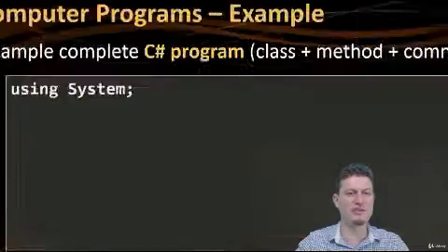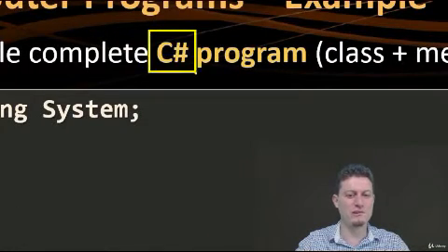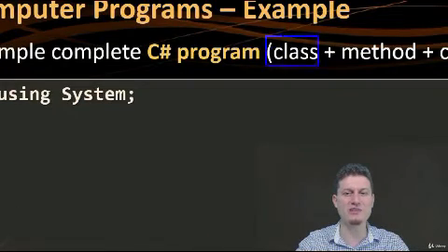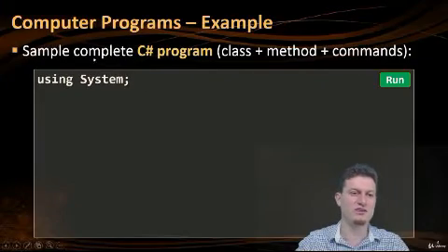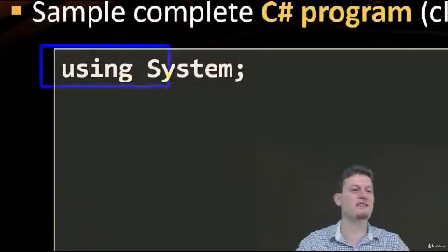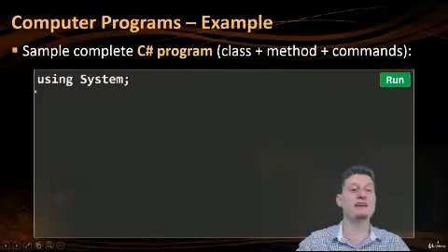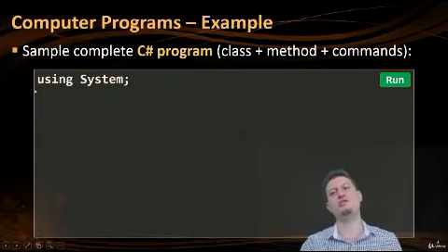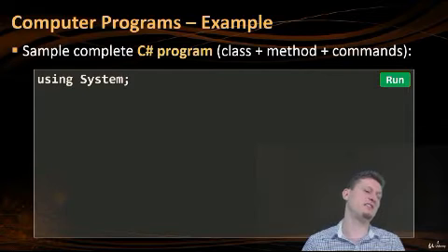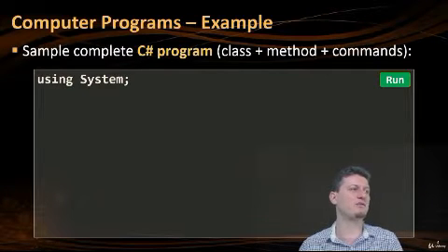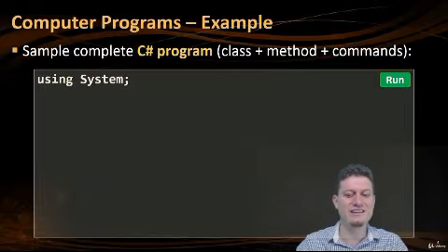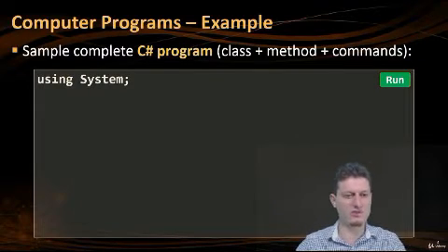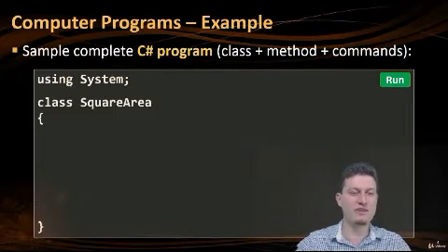For example, in the C# language, we need to define a class, to define a method, and to define the commands inside this method. So a C# program usually starts with some things like using System, which just includes the System namespace. This is something like a library with commands which we use very often.